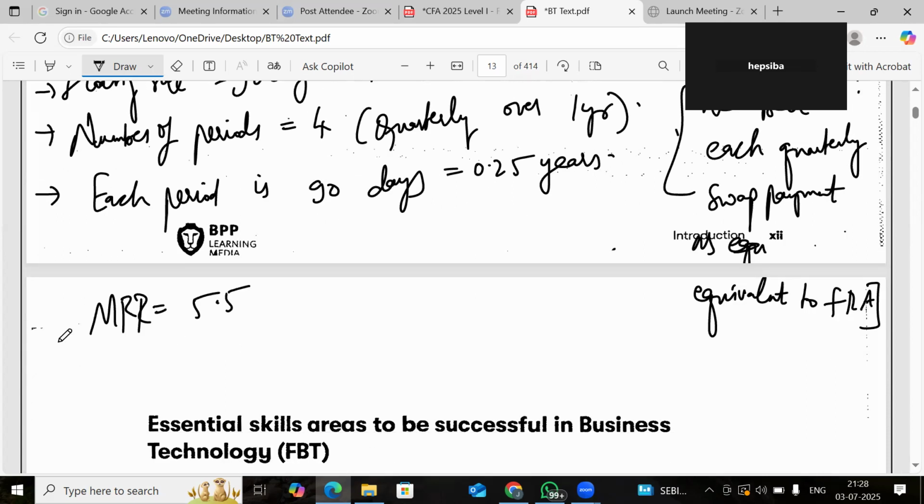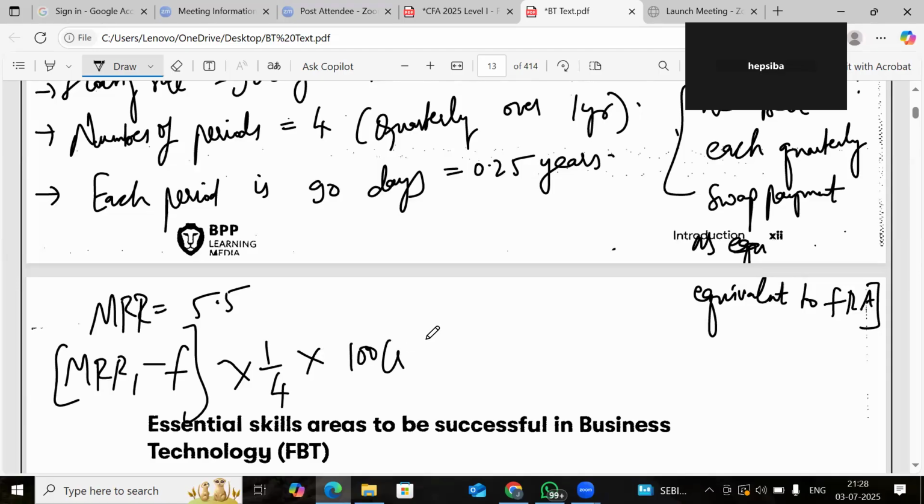So how are we going to calculate that? MRR minus F, into 1 by 4, because we have taken 90 days, 1 quarter, into 100 crores, the notional principal, and 0.055 minus 0.05.